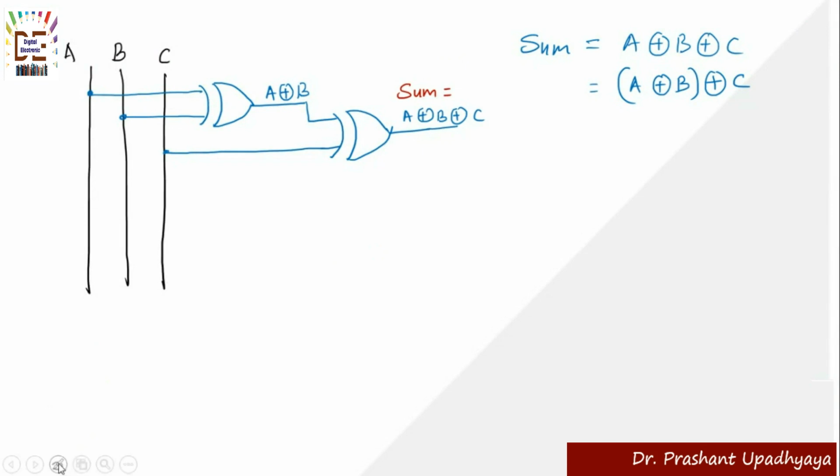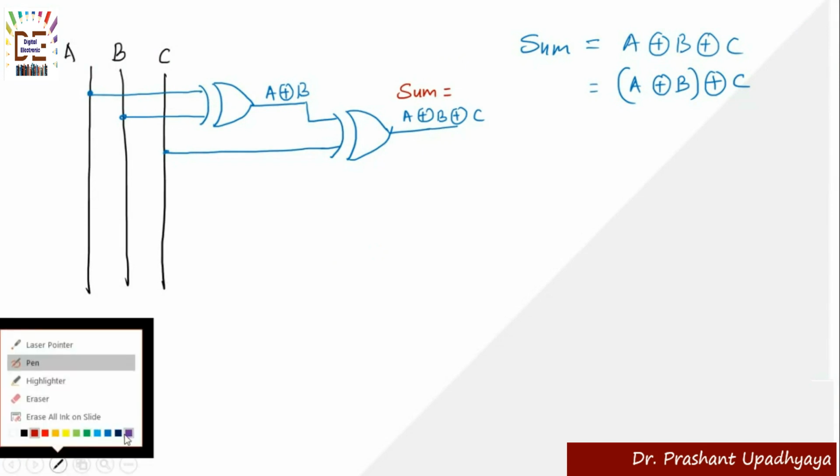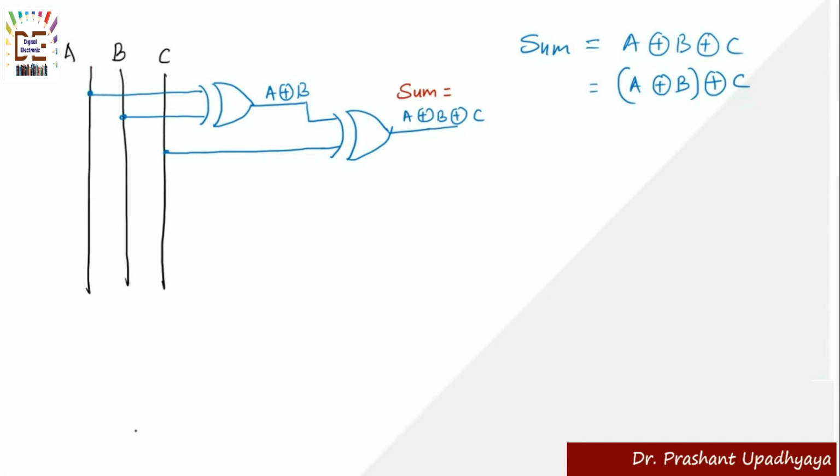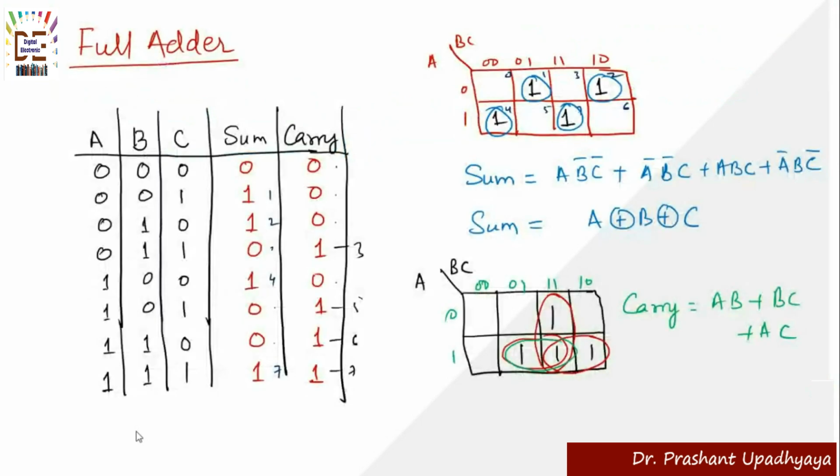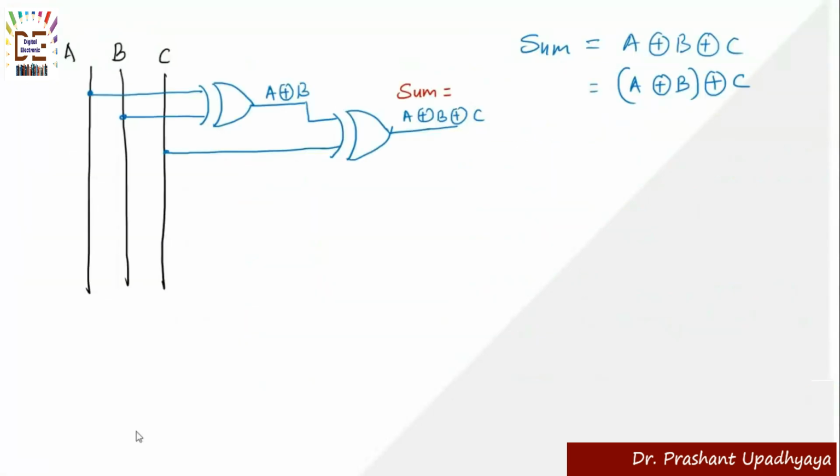Is it clear? And if I ask you what my carry will be, what was my carry? My carry was AB plus BC plus AC. So I am writing carry equal to AB plus BC plus AC.